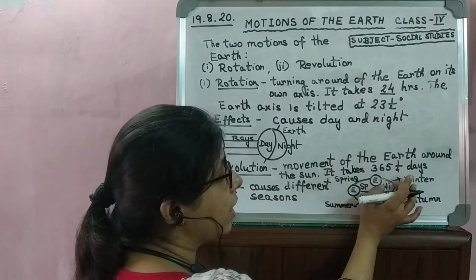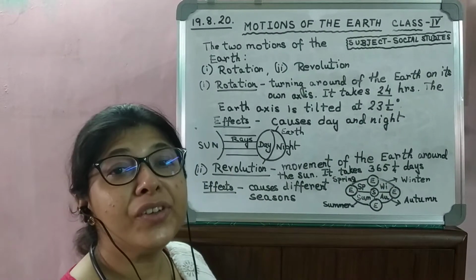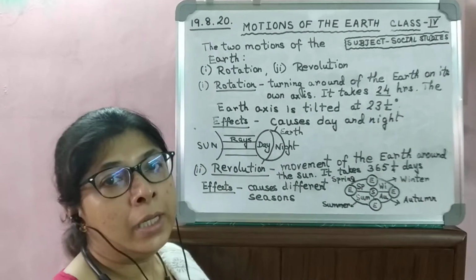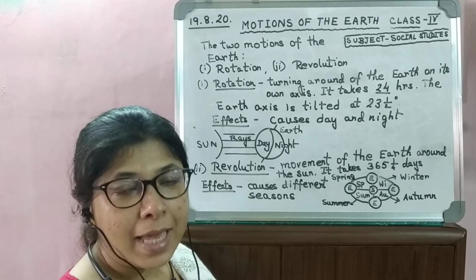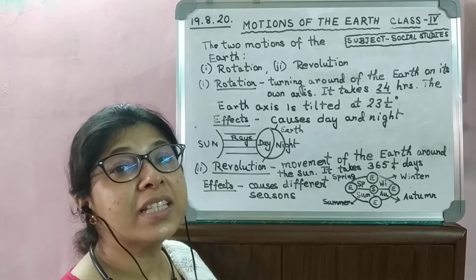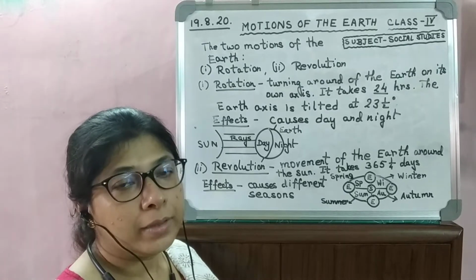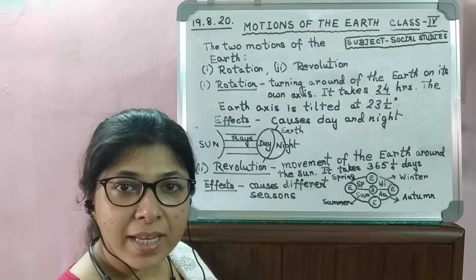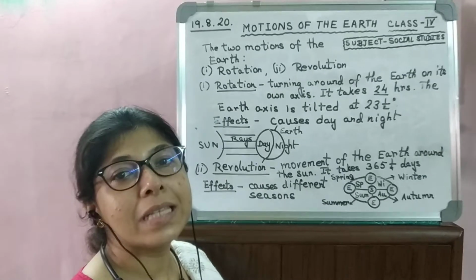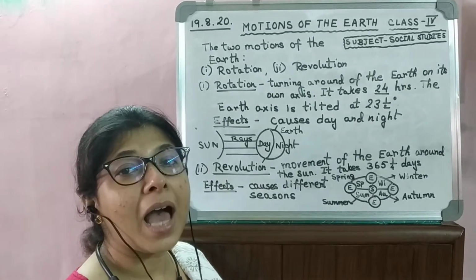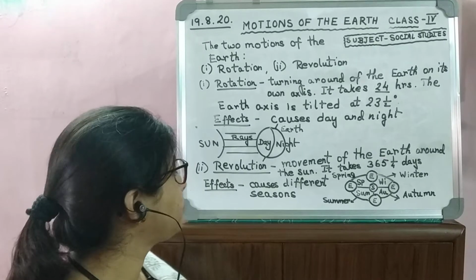This 1/4 day is added after every 4 years to the month of February, and February becomes 29 days, and the year is then 366 days long. The year with 366 days and February having 29 days is known as a leap year. It happens after every 4 years.